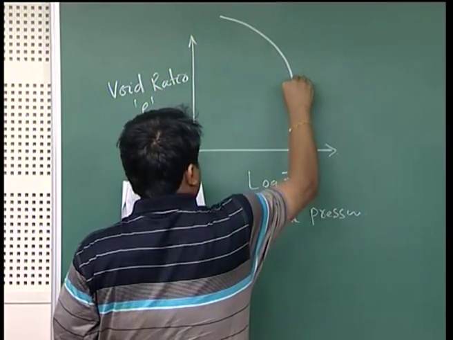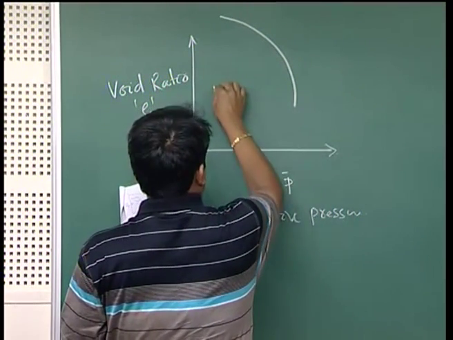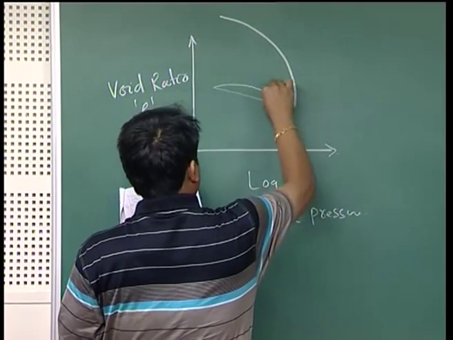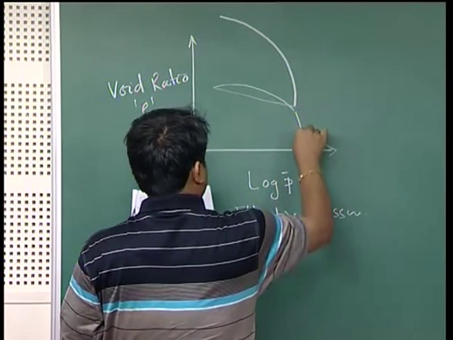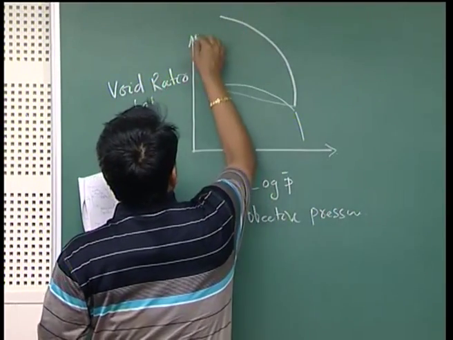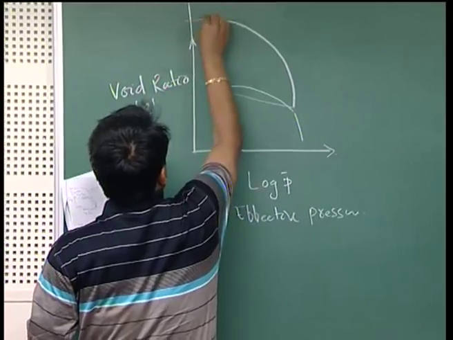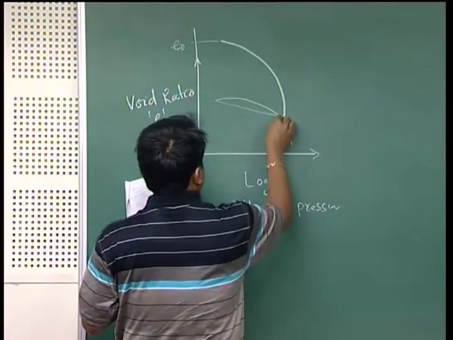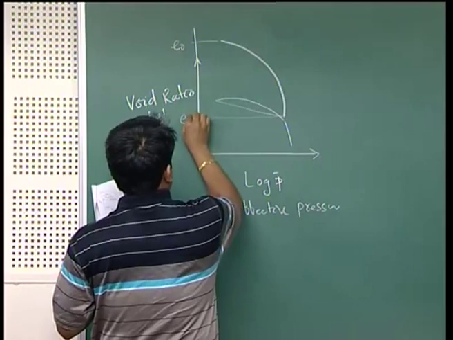So, the curve is coming. Now, if I extend, this is my e0 and this point will be eR.